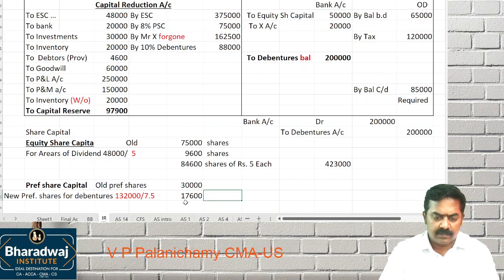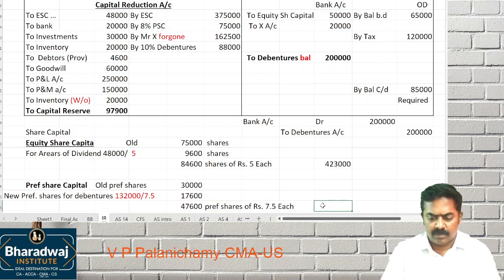So total 47,600 preference shares of how much? Rupees 7.5 each. So this will be 47,600 into 7.5. This will give us the total value for the balance sheet.